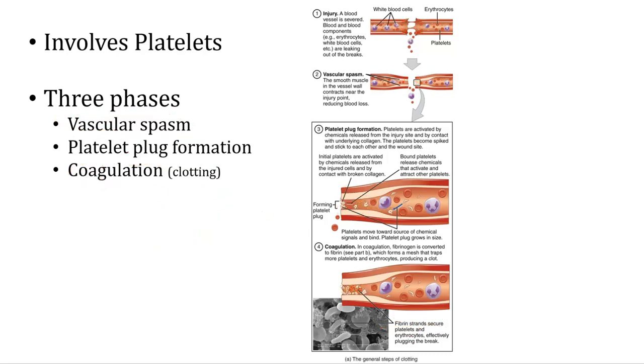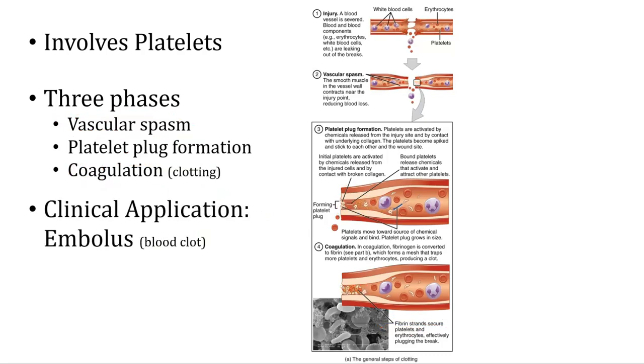Okay, now there's a clinical application here, because what can sometimes happen, especially if your blood is pooling somewhere, like in your legs, if you sit for a very long time and there's not a lot of venous return back to your heart, but your blood is pooling in some of the veins of your legs, then this clotting response can start to occur.